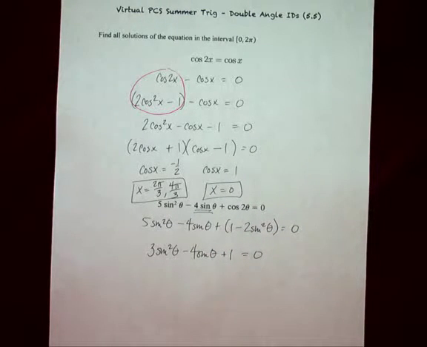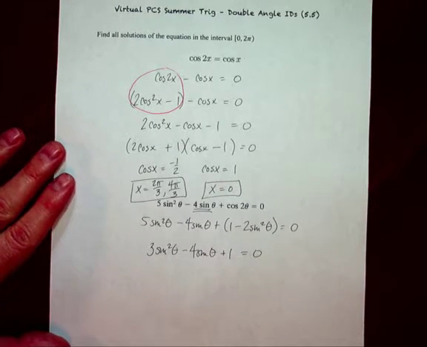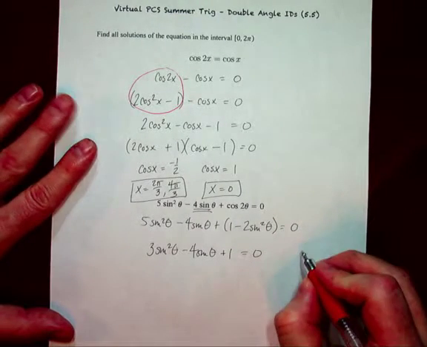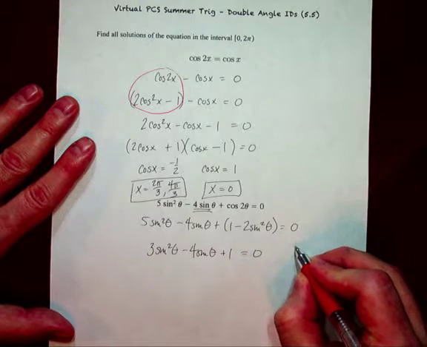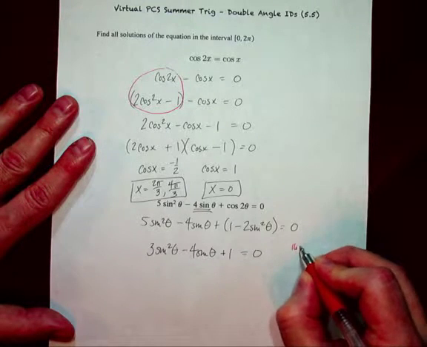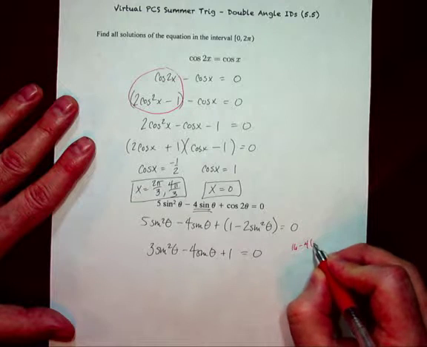Okay, well, let's see whether that factors. If it factors, then my b squared minus 4ac will be a perfect square, right? B squared minus 4ac.